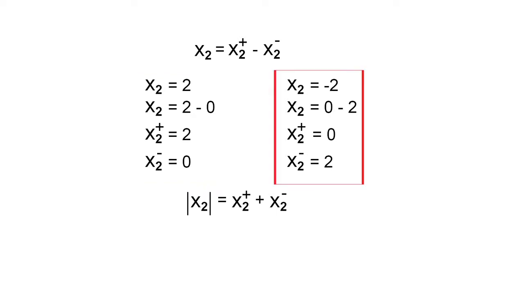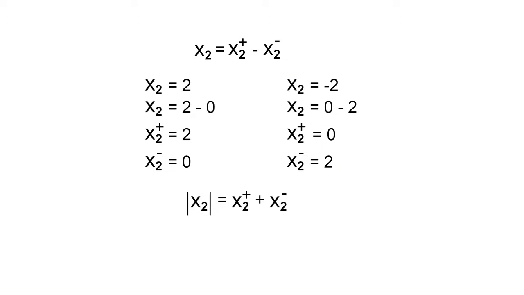Looking at the second case, if x sub 2 is negative 2, the absolute value of x sub 2 will still be 2. But if you substitute our transformed variables, the absolute value of x sub 2 is equal to 0 plus 2, and we still get a positive value for the absolute value function, even though x sub 2 takes on a negative value.